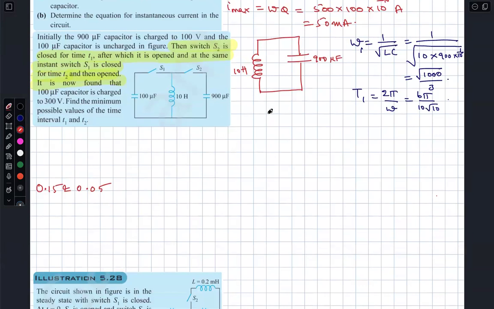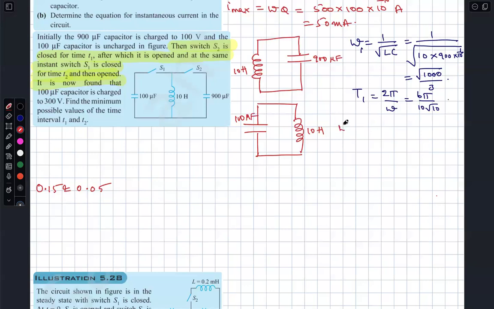Now you take the other part. For the other part, this is 10 Henry and this is 100 microfarad.